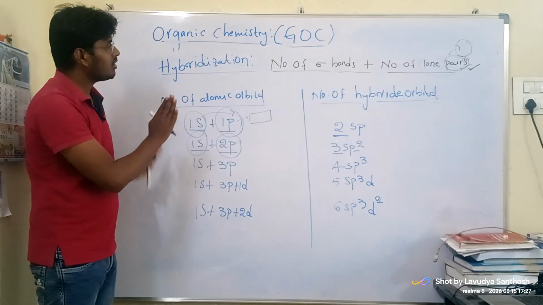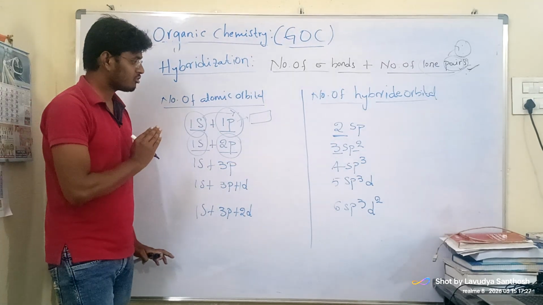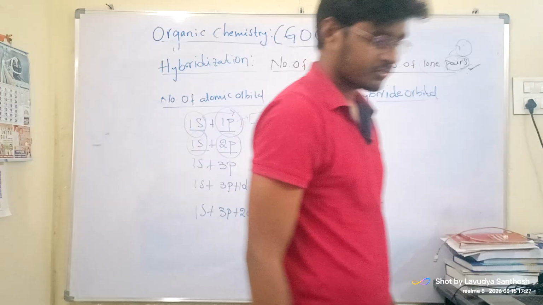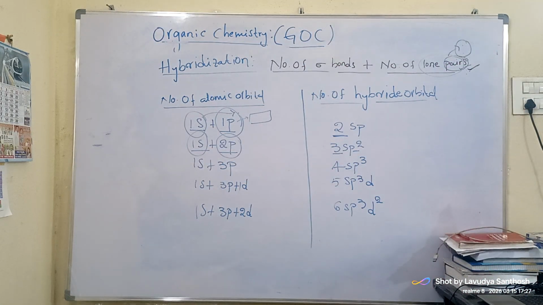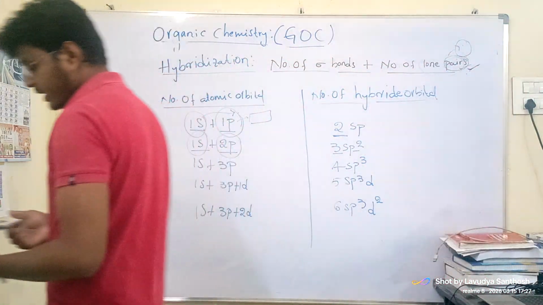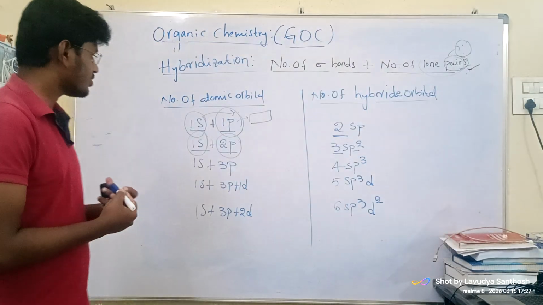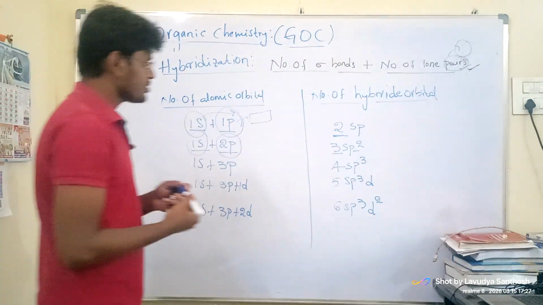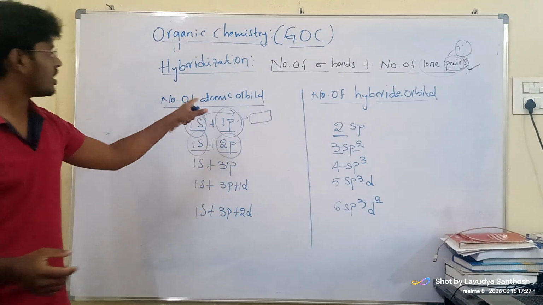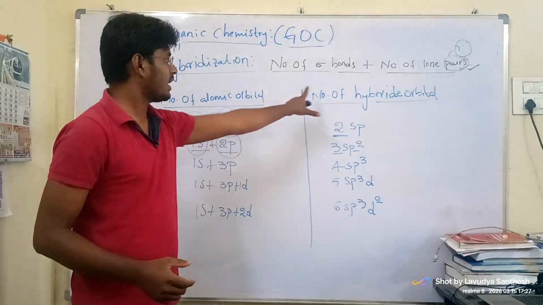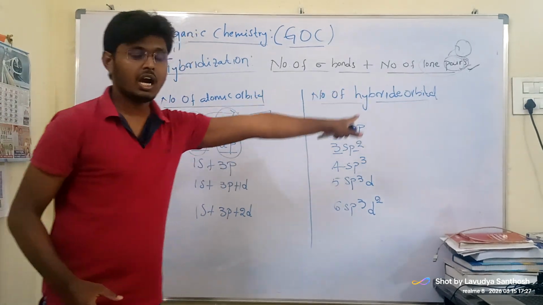Now note this down quickly for 1 minute. Prepare your notes, or else you will forget this in between. So this is the number of atomic orbitals intermixing and the formation of the number of hybrid orbitals.